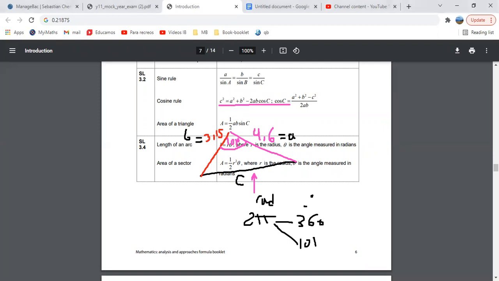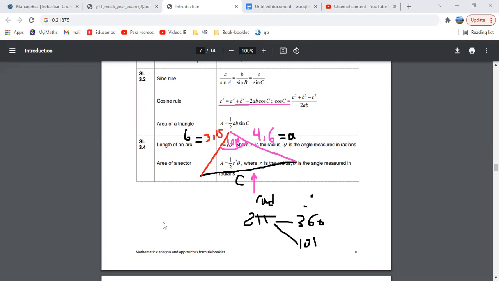Now that we have this, we will just use the formula. So c squared will be equal to a squared, so 3.15 squared, plus b squared, so 4.6 squared, and this minus 2 times a times b. I'm writing a as 3.15 and b as 4.6, but it's exactly the same thing.